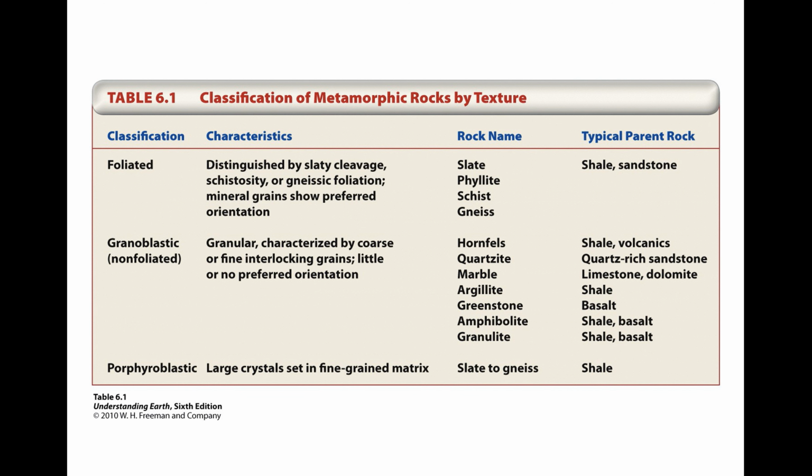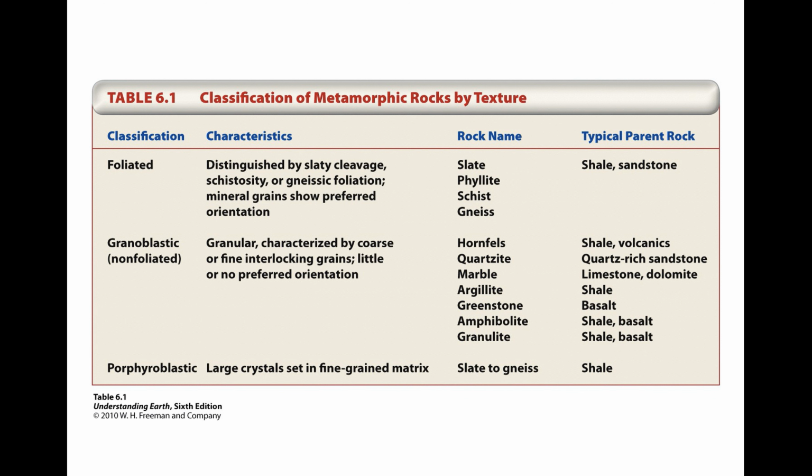Here we have now table 6.1, which deals with the classification of metamorphic rocks by texture. We can deal with a foliated rock, or a granoblastic non-foliated rock, or a porphyroblastic rock. A foliated rock is distinguished by slaty cleavage, schistosity or gneissic foliation.